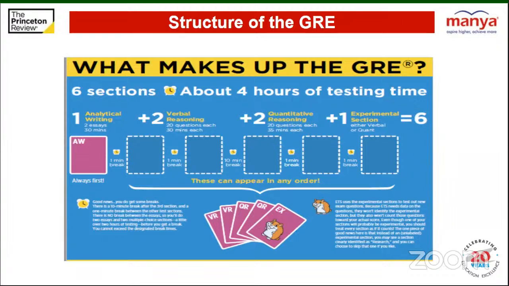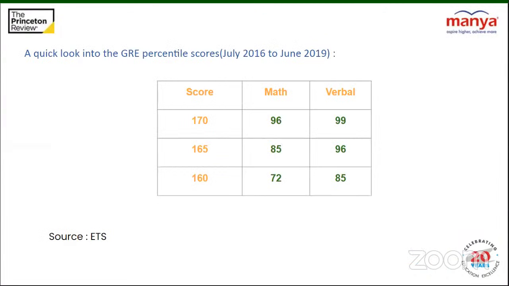Karthikeyan has asked what is a good score for the GRE to go for an MS. Does this table give you any details? In fact, on the GRE, you will not see a 340 score.